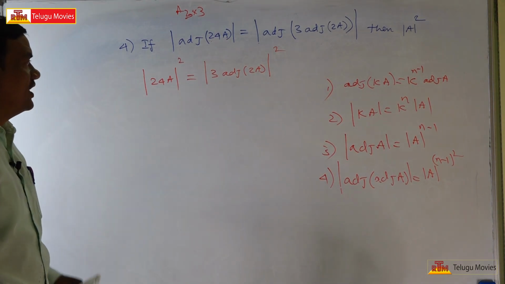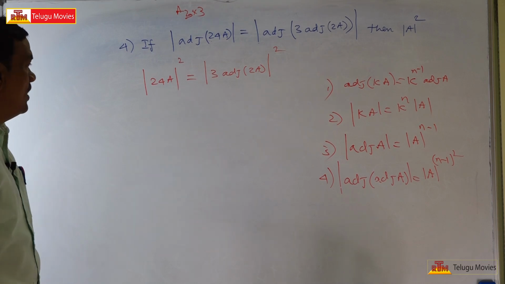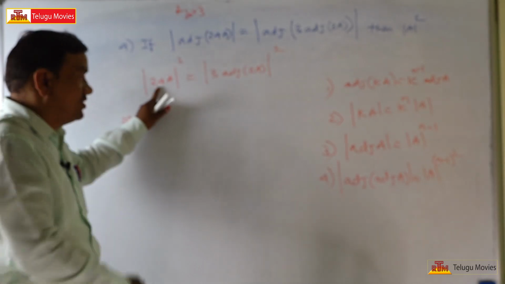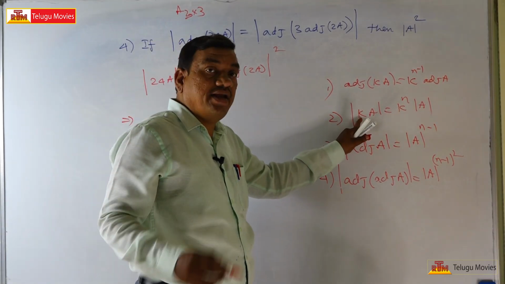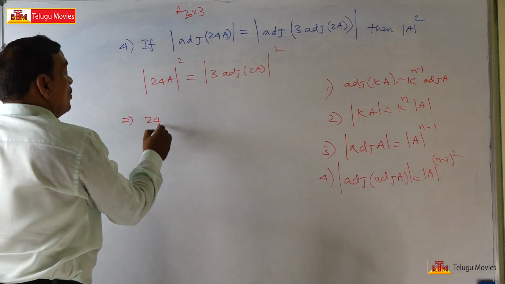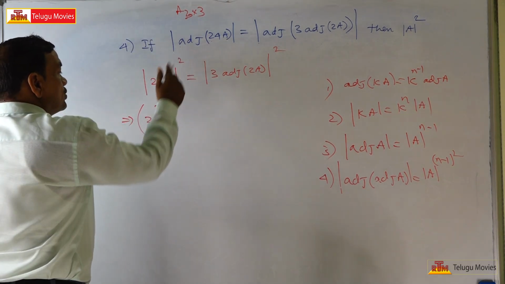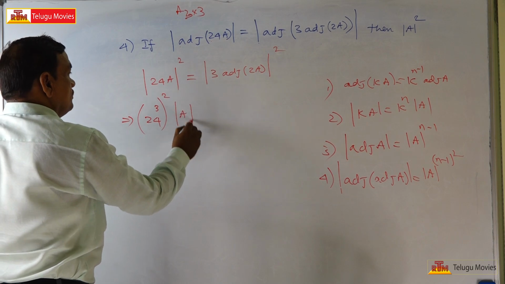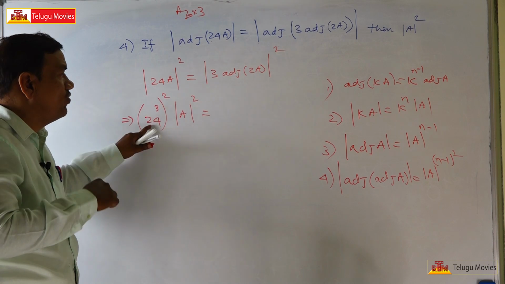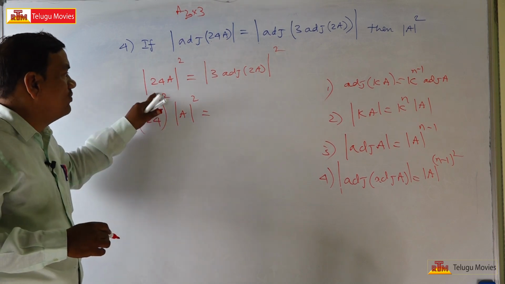One more thing I am going to do: here I am taking 24 outside. That means K to the power n, so 24 whole cube. Of course, the square is there. If I take 24 outside, the full power comes: 24 whole cube whole square.